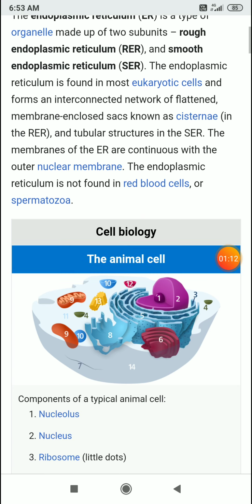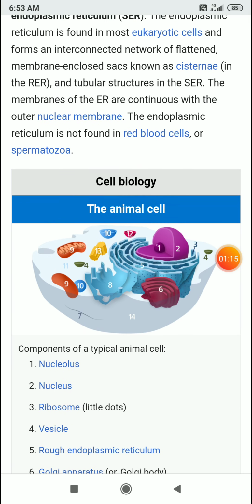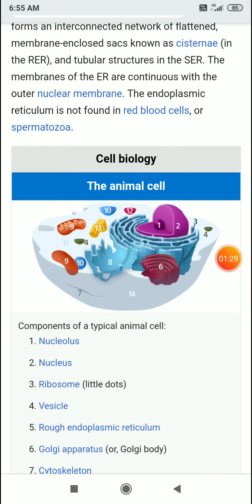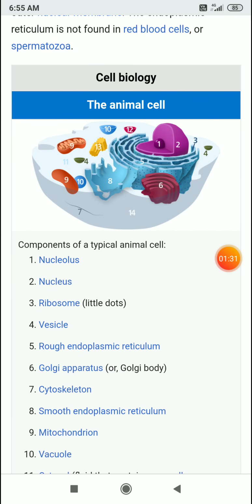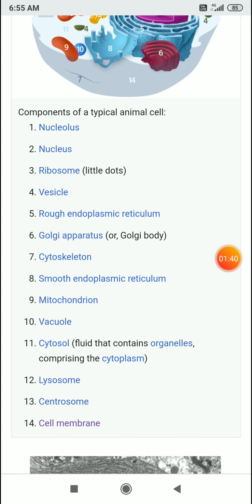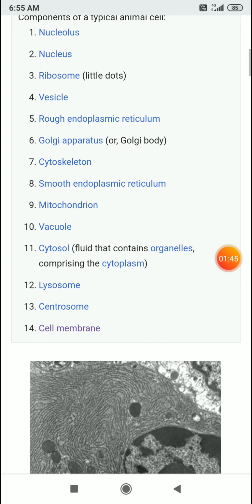Okay, this is the structure of an animal cell. In an animal cell, what are all the components? We know now: nucleus, ribosomes, vesicle, endoplasmic reticulum, cytoskeleton, mitochondria, vacuole, cytosol, which is the fluid that contains the organelles, centrosome, and cell membrane.